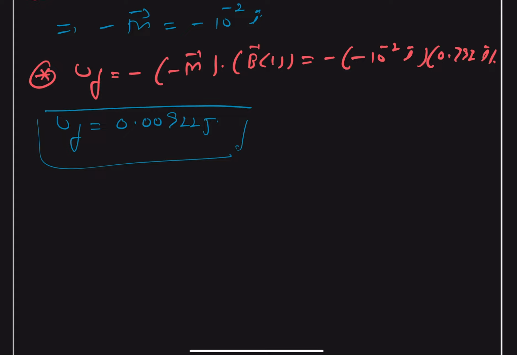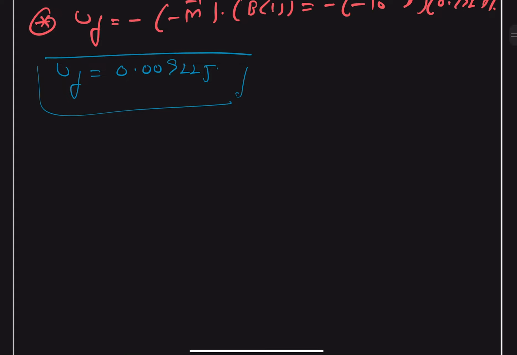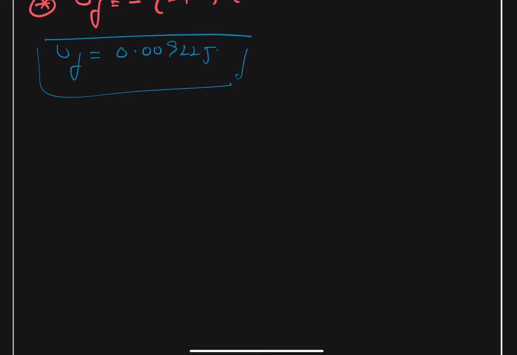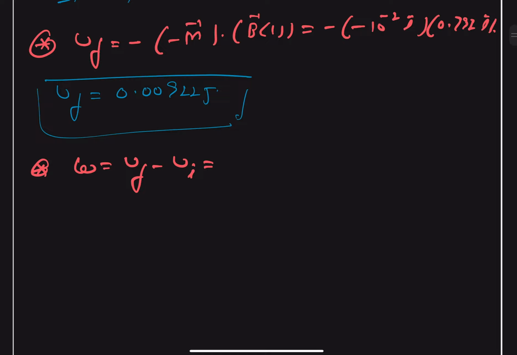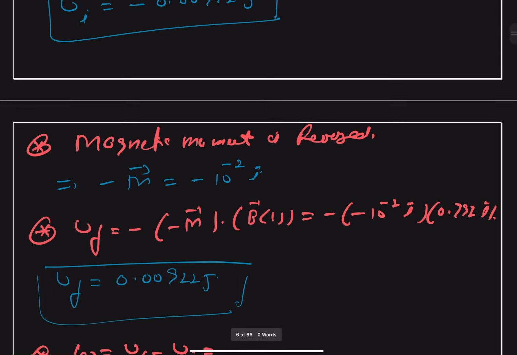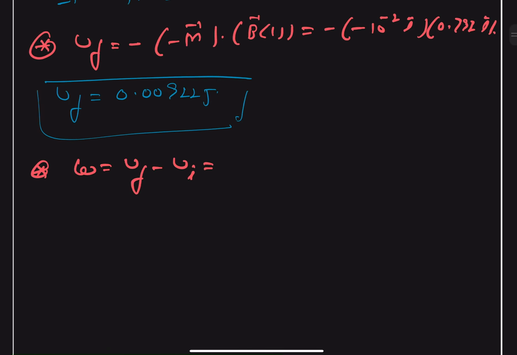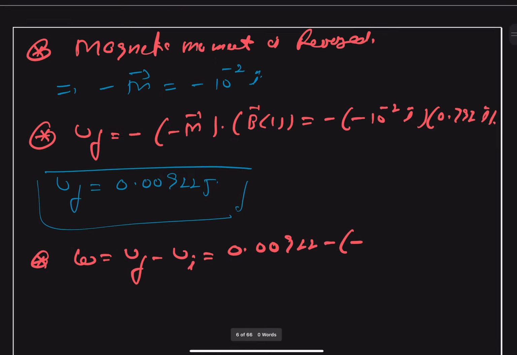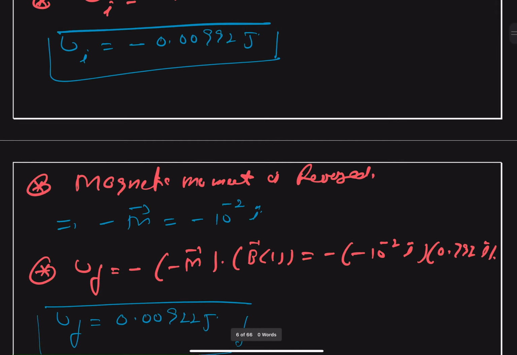Now we have to find out the work done, which is our W is equal to UF minus our UI. So UF is 0.00922 minus of minus, and initial energy is 0.00992.